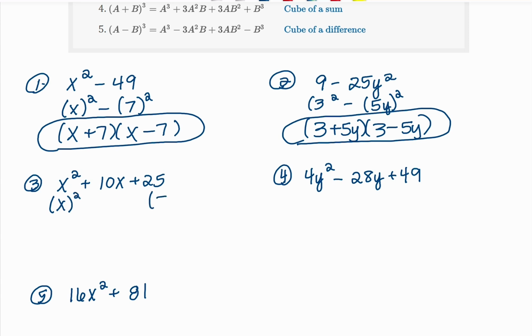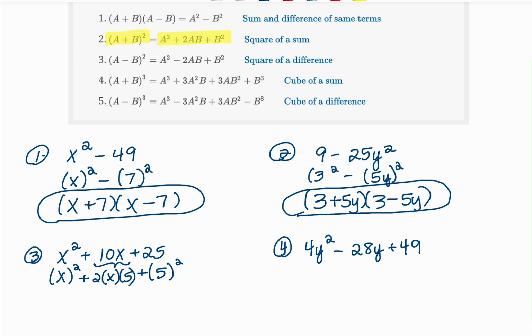You have a 5 being squared on the back. And in the middle here, I can do 2 times x times 5 and get that 10x, okay, and I have a plus and a plus. So that's all the conditions of this right side here, okay, a squared plus 2ab plus b squared, all right?